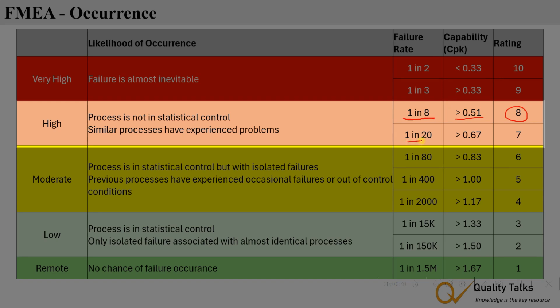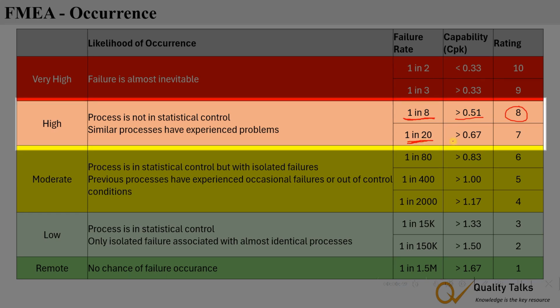Now for occurrence rating 7, every one failure in 20 or process capability index above 0.67 but below 0.83 calls for occurrence rating 7. Here in occurrence rating 8 and 7, the process is not in statistical control or previously similar processes have experienced some kind of problems.